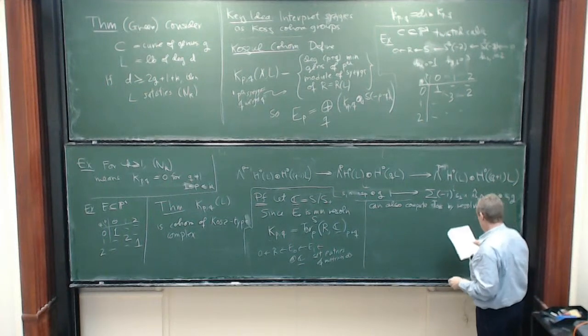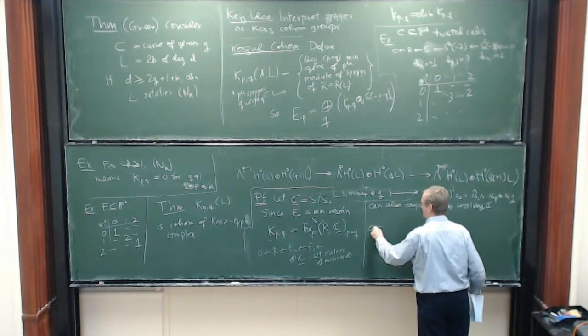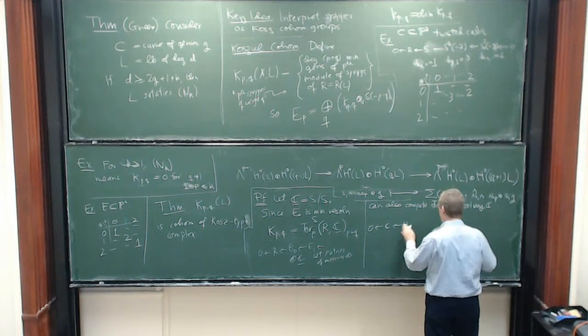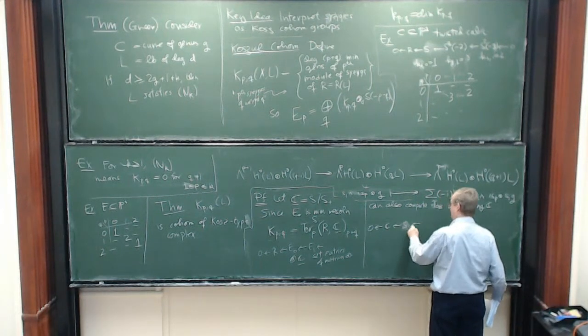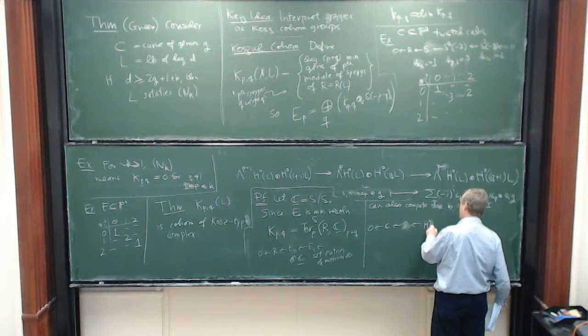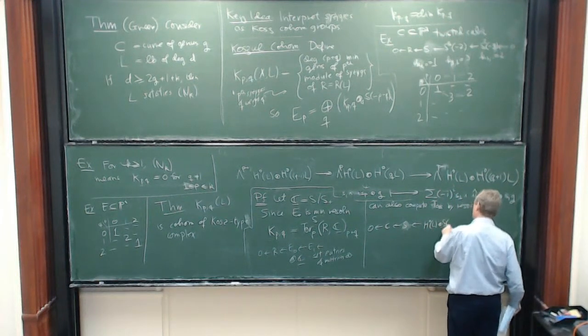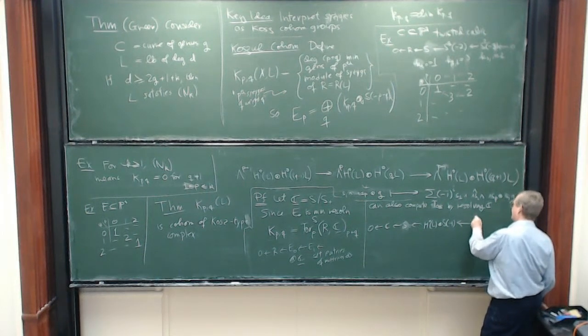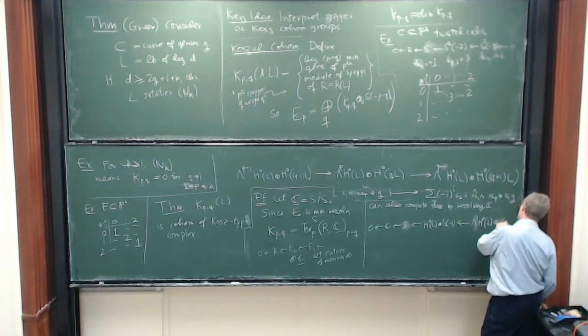So how do you resolve C? Well, there's just the Koszul resolution. So you have just S here, and then you have H^0(L), that's S in degree 1, times S(-1). Then you have wedge 2 of H^0(L) times S(-2), and so on.